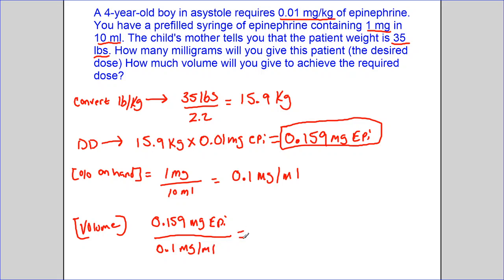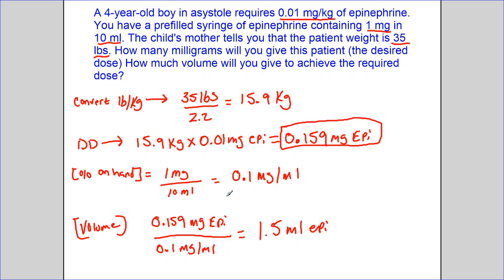Let's do the math. 0.159 divided by 0.1. All right, and we're going to give 1.5 milliliters of epi. Bam. There we go.